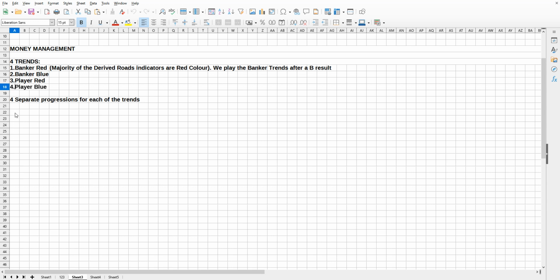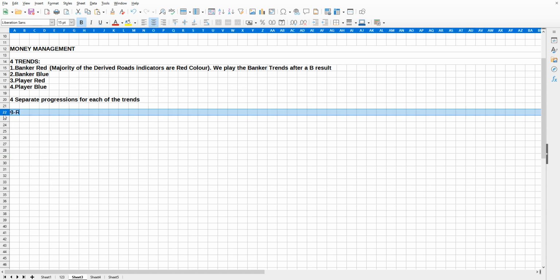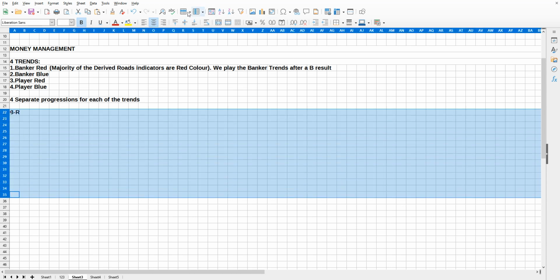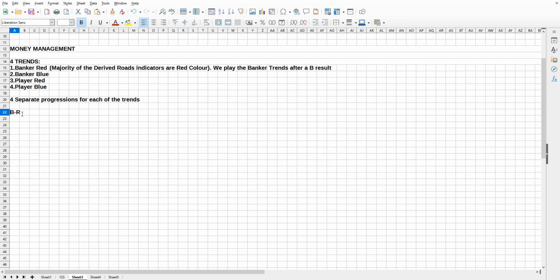So I'm going to have the Baccarat trend, and I'm going to have a progression. I want to show you the double D'Alembert progression that I'm using.